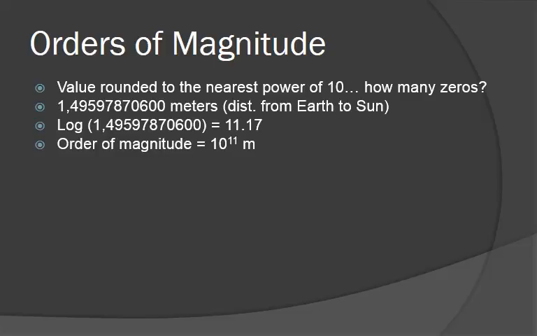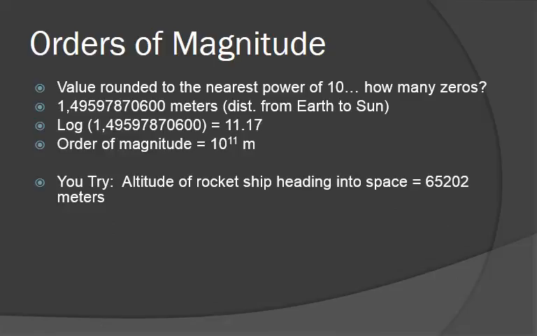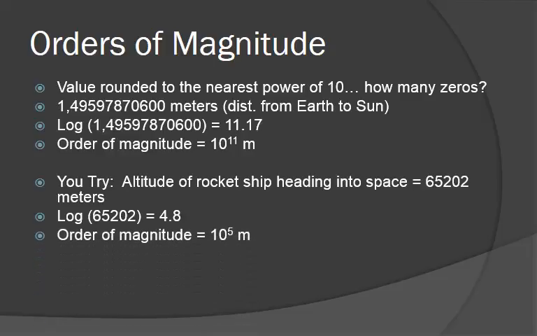And let's compare that then to the altitude of a rocket ship heading into space, 65,202 meters. So if we do the log of that value, we get 4.8, which rounds to 10 to the 5th. And this is really nice because now we have something to compare this with. We have the orders of magnitude in meters for Earth to the Sun, and we have this value for the rocket ship.